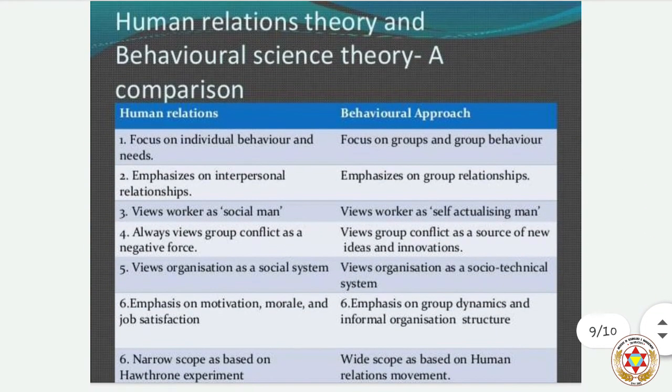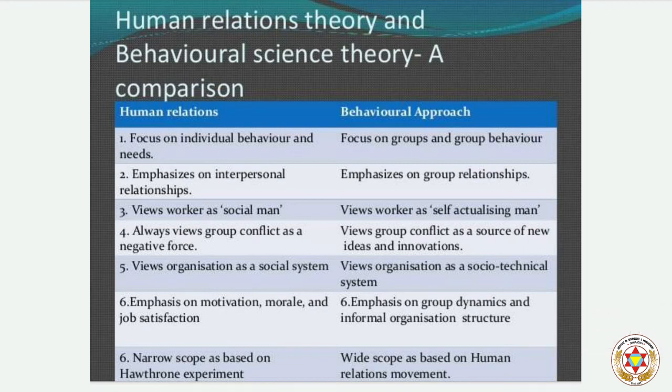Let's come to the difference between the human relation theory and the behavioral science theory. Human relations focuses on individual behavior, whereas behavioral focuses on group and group behavior. Human relations emphasizes interpersonal relationships, whereas the behavioral approach emphasizes group relationships.